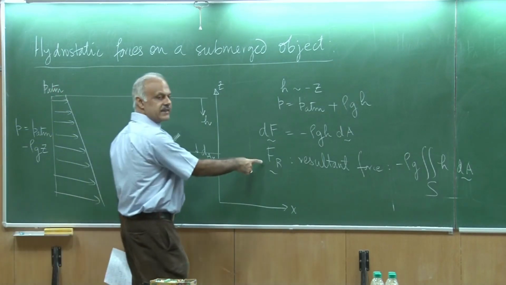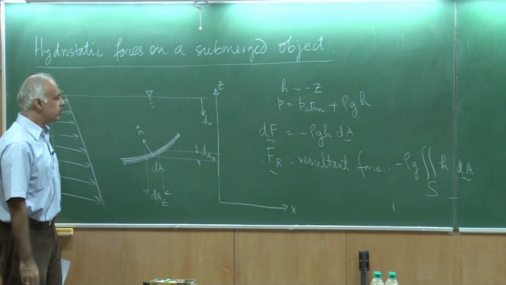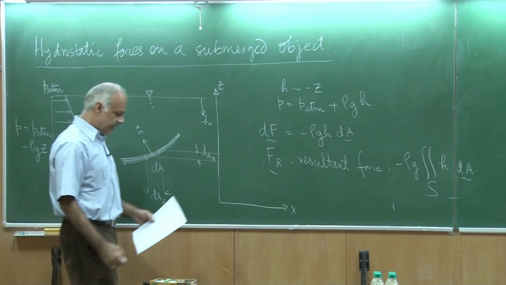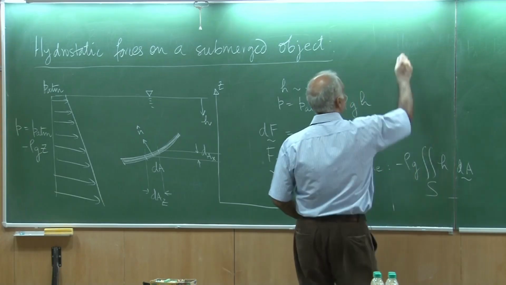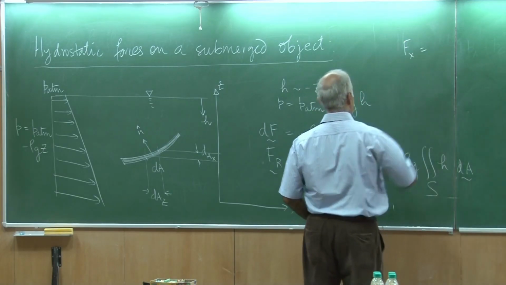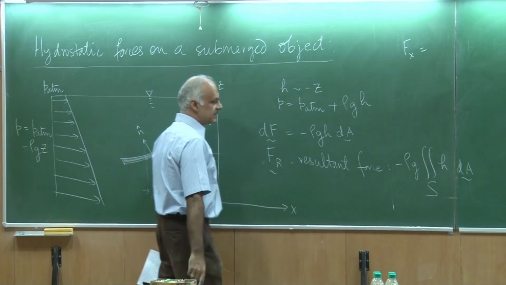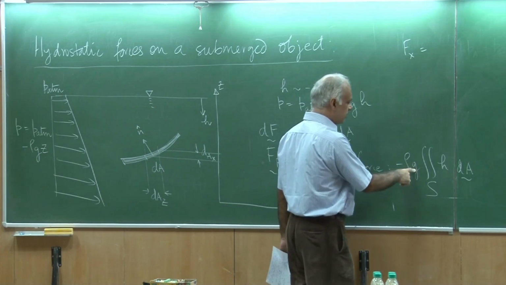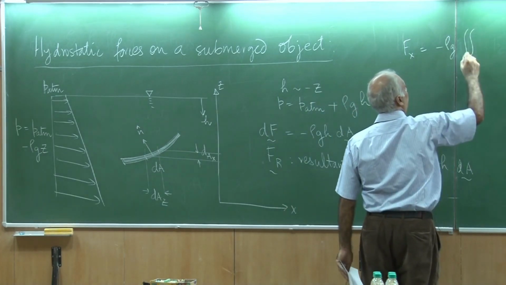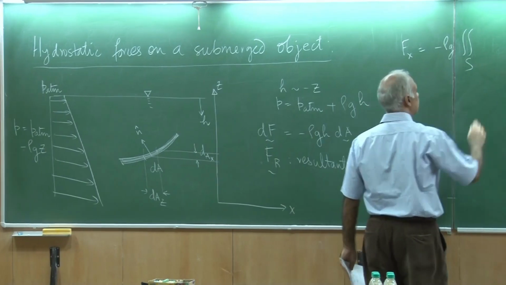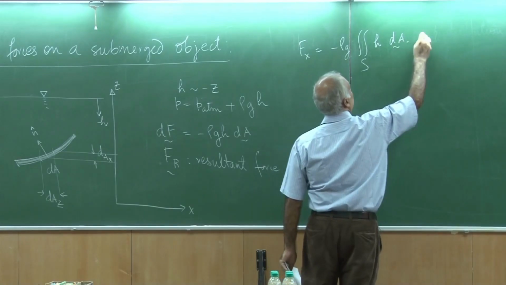And this Fr is a vector. So it has a component along the x direction and it has a component along the z direction. So I can calculate these individual components. So Fx, for example, would be the force in the x direction. So, notice rho g remains here, and as far as this integral is concerned, now I can say this is dA dot i.